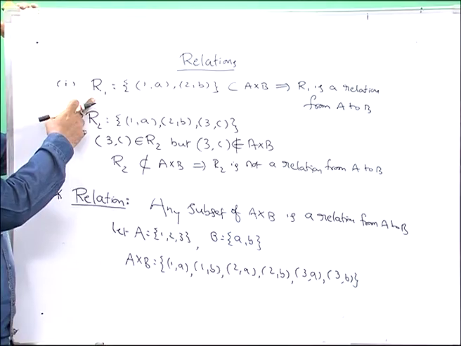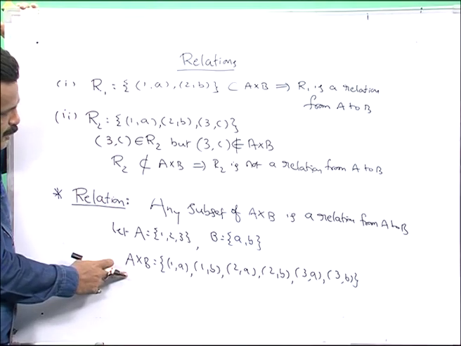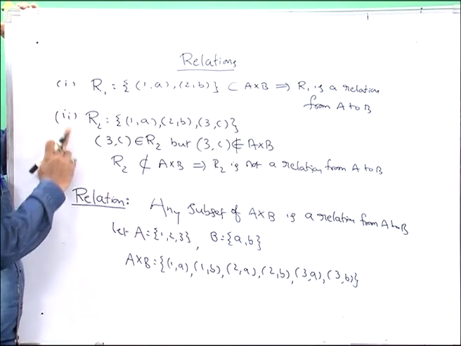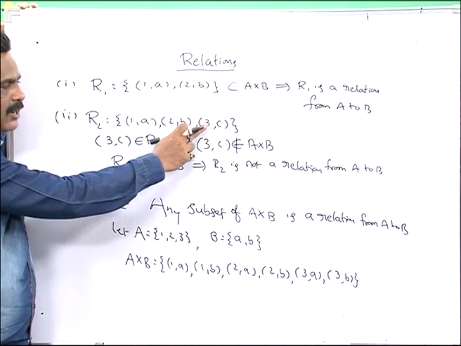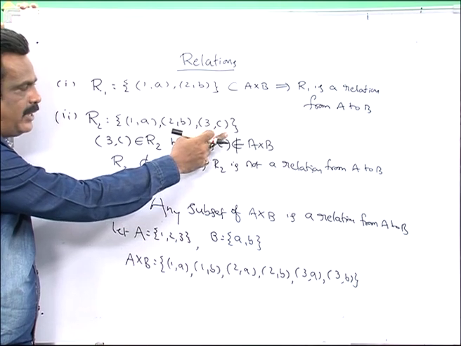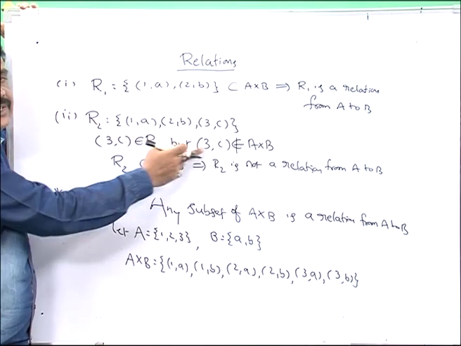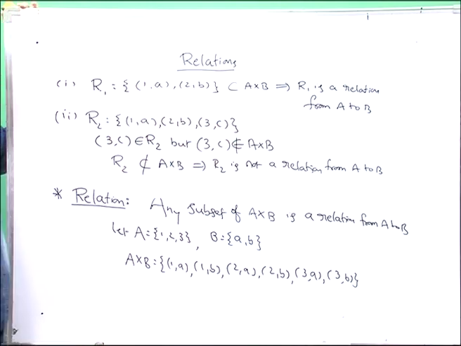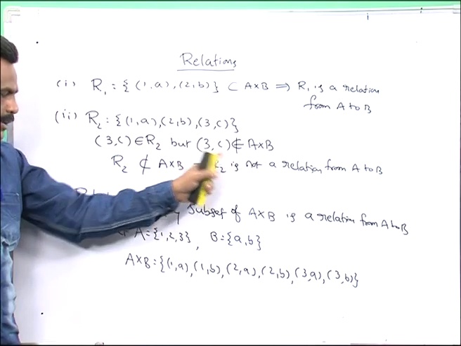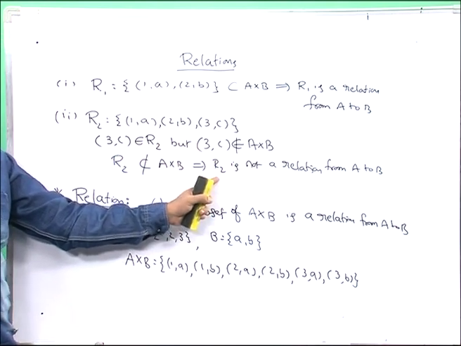In this example, R1 is taken from A cross B, but R2 is not, because of the third ordered pair (3,c), which is not available in A cross B. Because of (3,c) only, R2 is not becoming a relation.